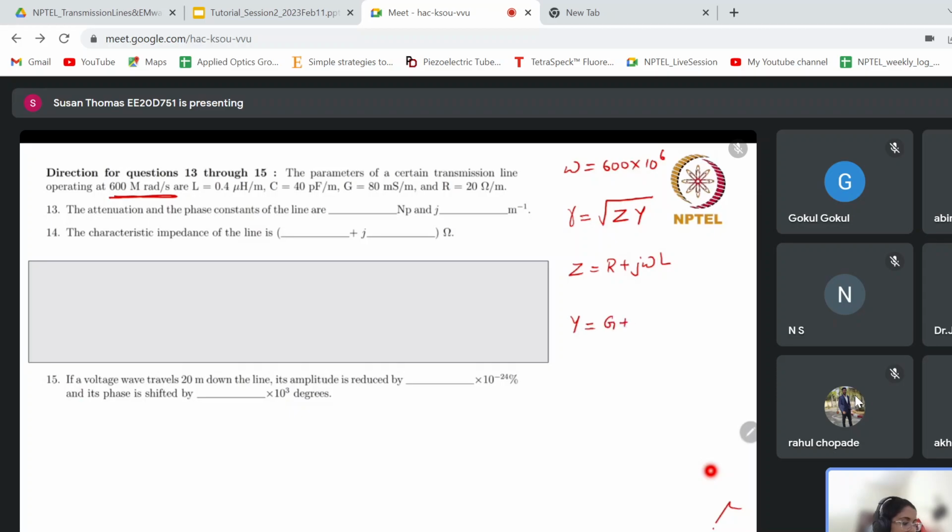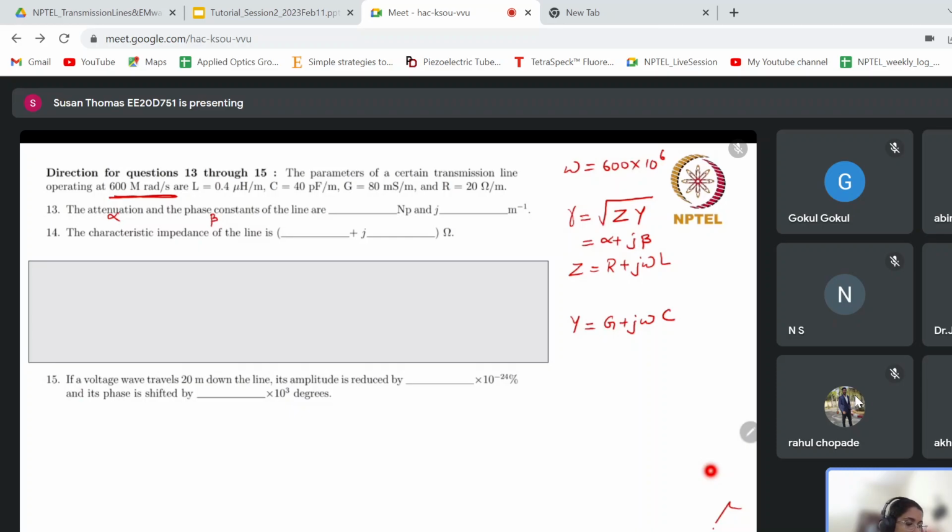It is G plus j omega C. Once you know that, you can calculate gamma, and gamma is actually alpha plus j beta in its rectangular form, where alpha represents the attenuation constant and beta represents the phase constant.